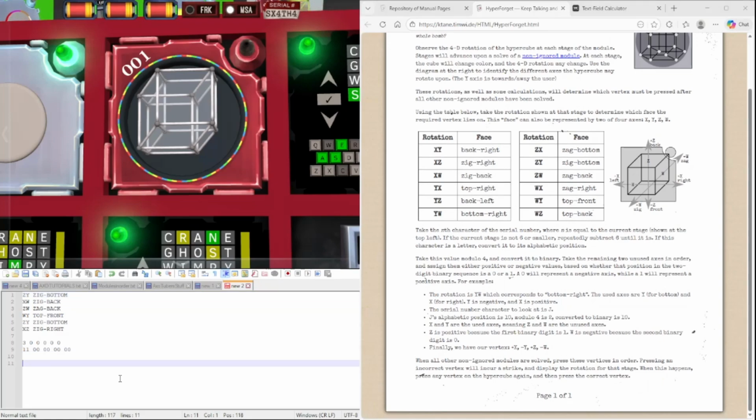Bottom is the one that's not on there, so we already have x, y, z, w.